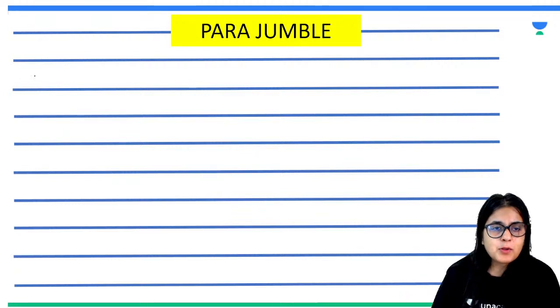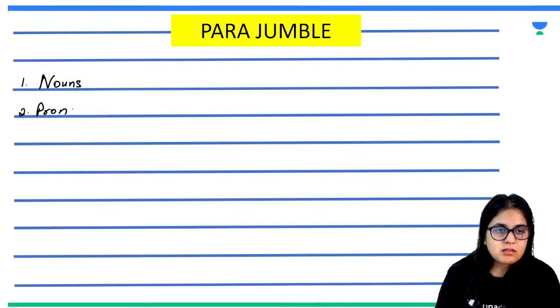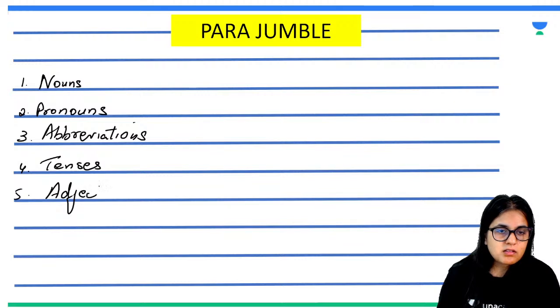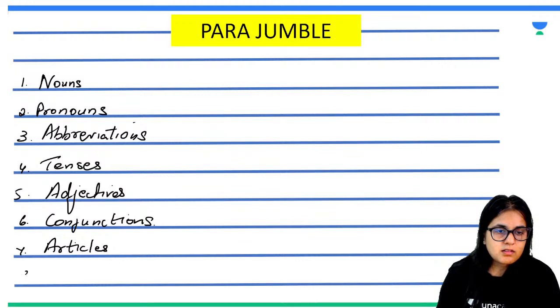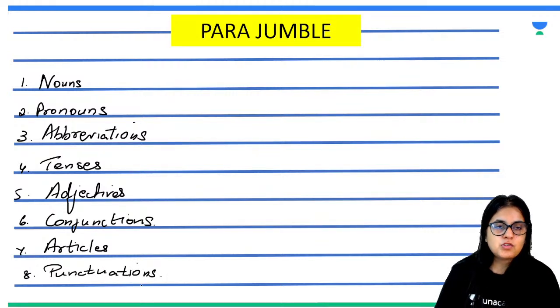Okay, आपको language clues मिलेंगे nouns में, pronouns में, okay, abbreviations में, verbs या tenses में, very important adjectives में, उससे भी ज़्यादा important conjunctions, okay, even articles, and also language clues आपको important मिलेंगे punctuation.